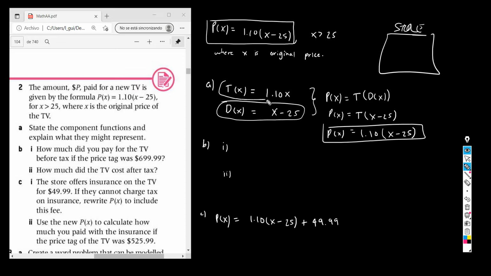And t of x equals 1.10x. What could this mean? Well, it can represent the tax on anything you pay in this store. If you pay this price, then they're going to apply a tax of 10%, right? That's what this means. You're going to pay 10% more.